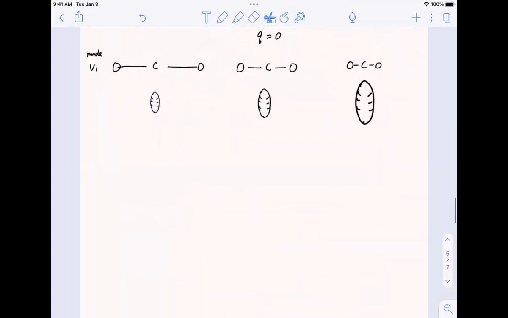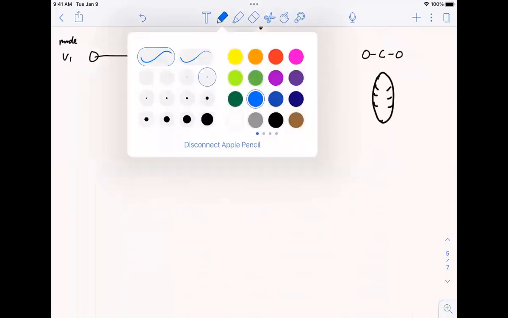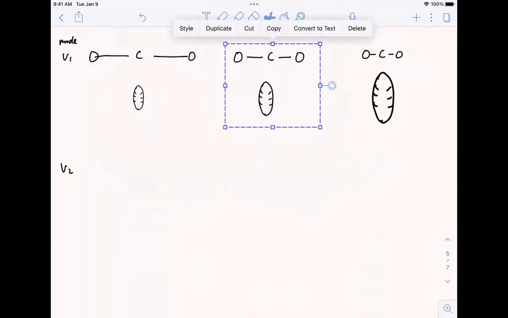There are totally 3 modes. So let's consider a different mode. Let's consider V2, mode 2. Of course, the middle one is always the same. We just copy this.